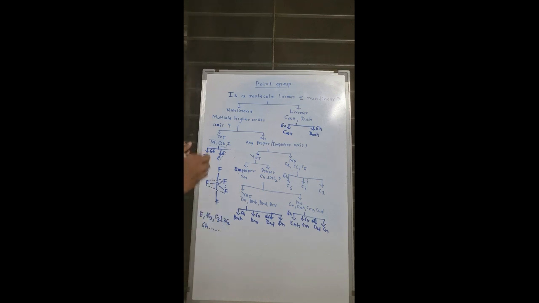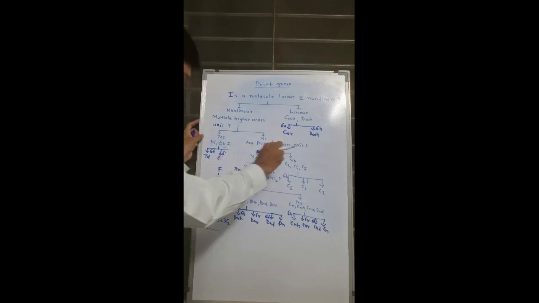According to this chart, we have to ask: is the molecule linear or non-linear? Non-linear. Multiple higher-order axes are absent. Why? The minimum criterion to be a multiple higher-order axis is 3C3, and this molecule consists of only 2C3. Any proper or improper axis?